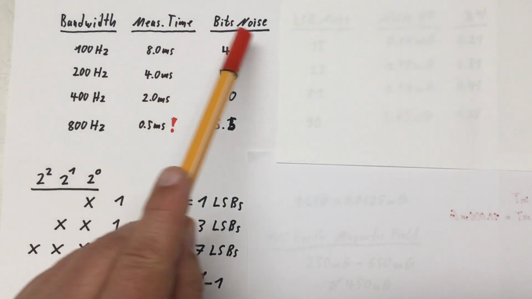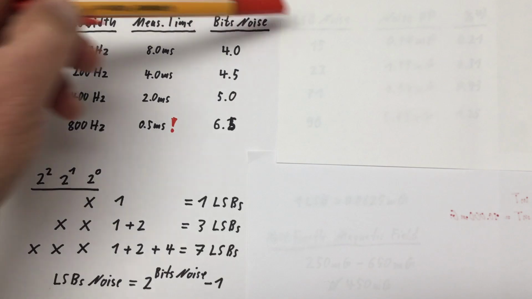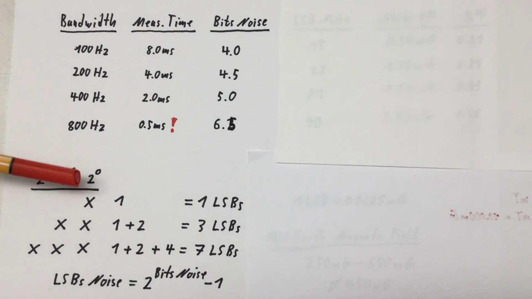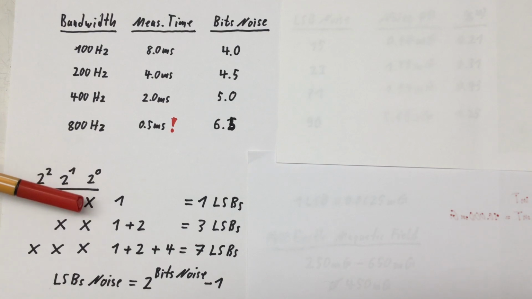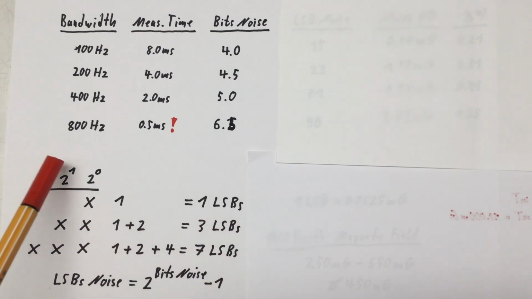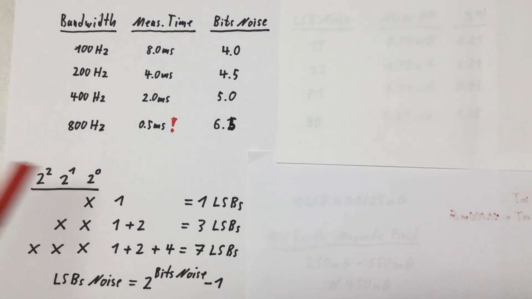Now we can convert the number of bits at the end of our binary number, what I called bits noise, into actually least significant bits noise. If only our last binary digit flips around, we have obviously 1 LSB noise. If the last 2 flip around, we have 1 plus 2, because the second bit has twice the value, 2 to the power of 1.